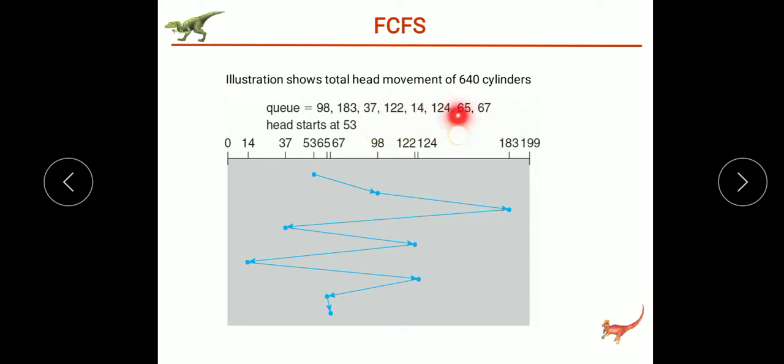These are the requests placed in the pending queue. The head starts at 53, meaning the head is pointing to cylinder number 53.